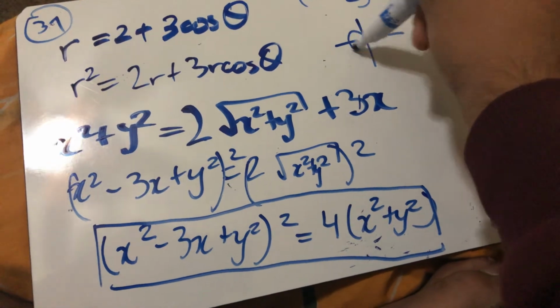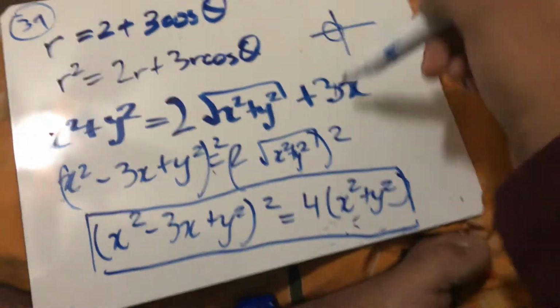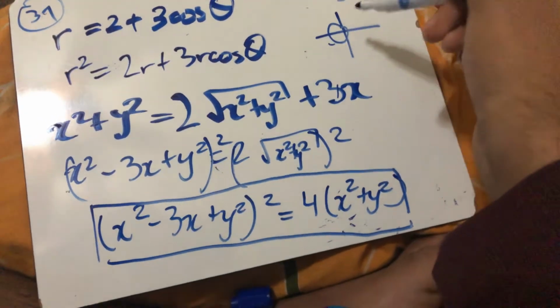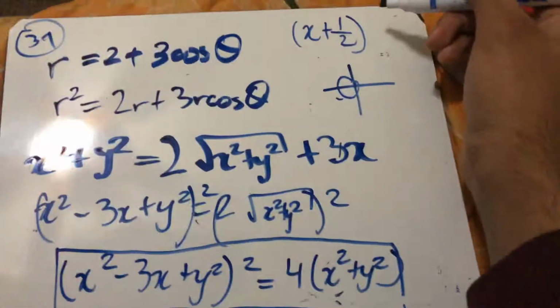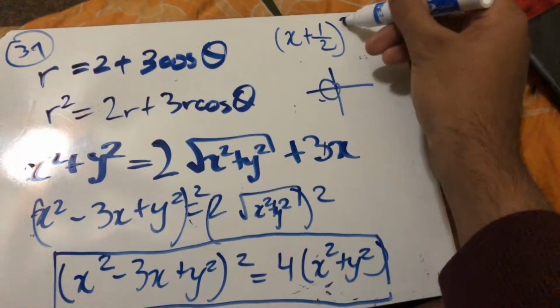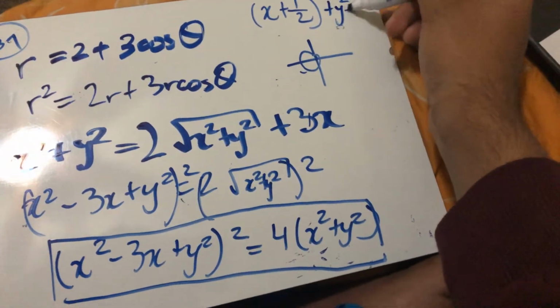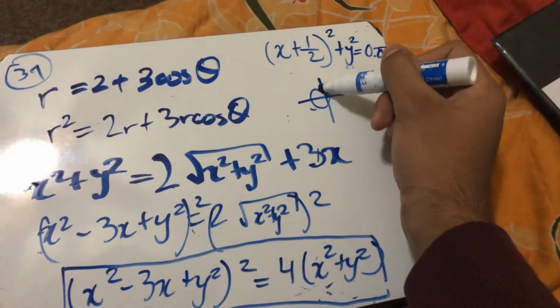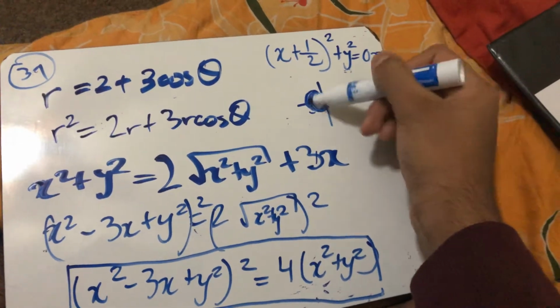So it looked something like this. And because it looked really similar to that, I said, well, if it was a circle, then it would be x plus half squared plus y squared equals 0.25, right? And I also plugged that into the calculator, and it ended up being the exact same circle.